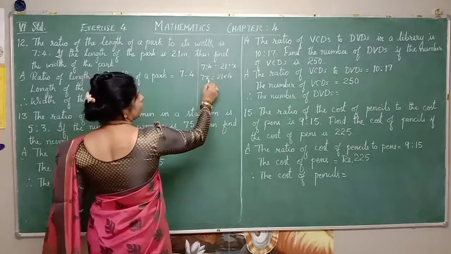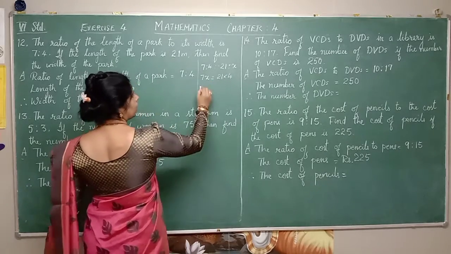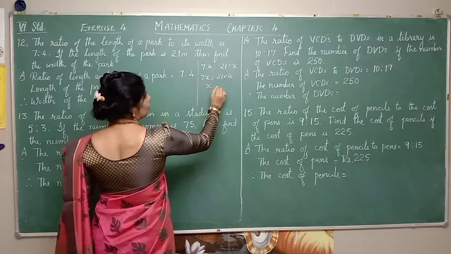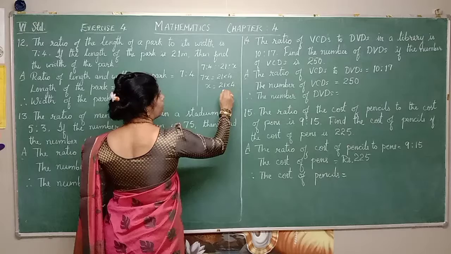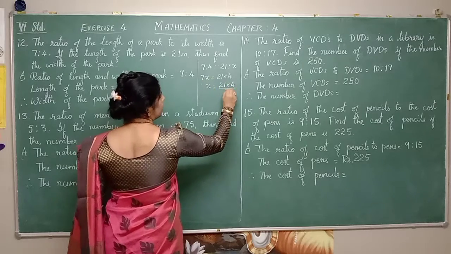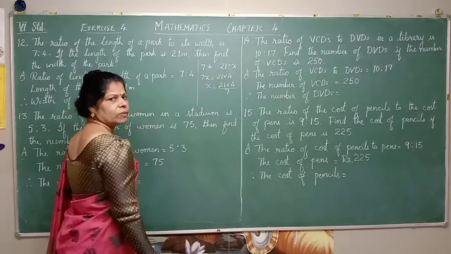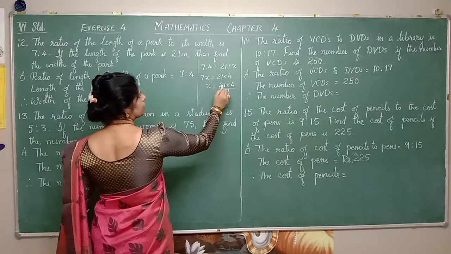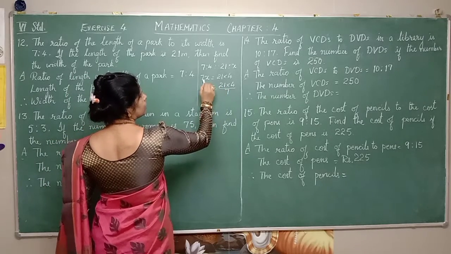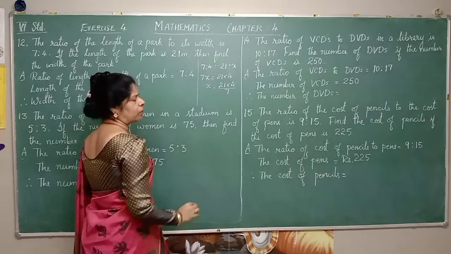Understood? So 7x is equal to 21 into 4. Therefore, x is equal to how much? 21 into 4 by 7. See, when you cross multiply, you should get the same answer.